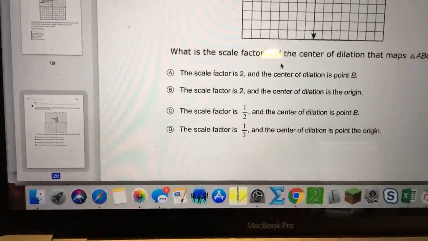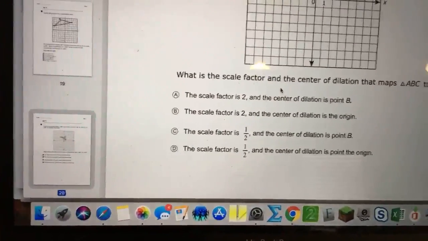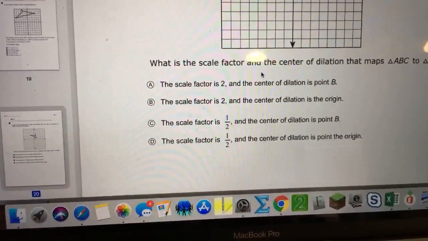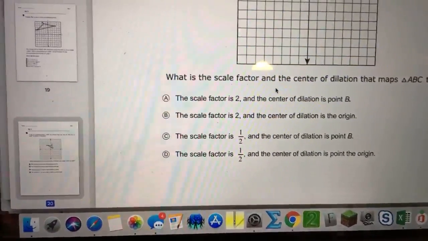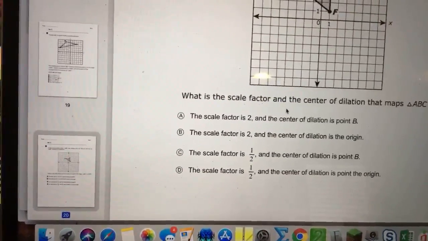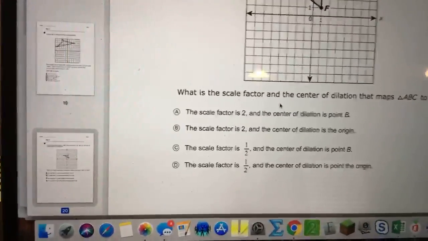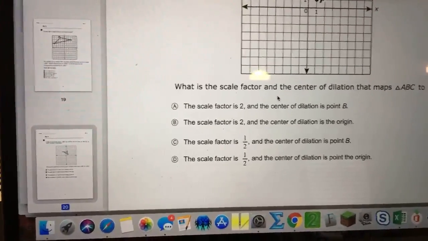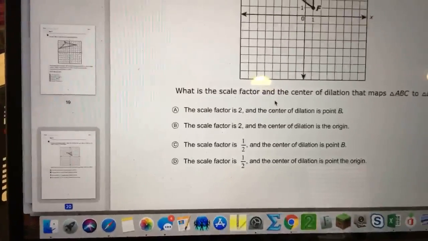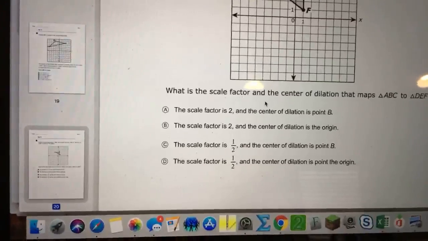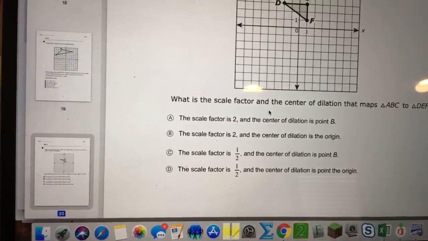And that's working the same for all of the points. If we look at the answer choices, the center of dilation is either the origin or point B. And if the center of dilation were point B, then point E and point B would be the same point. And they're not. So that's not possible. All right? It's got to be the origin, because it's the distance in relationship to the origin that's changing.